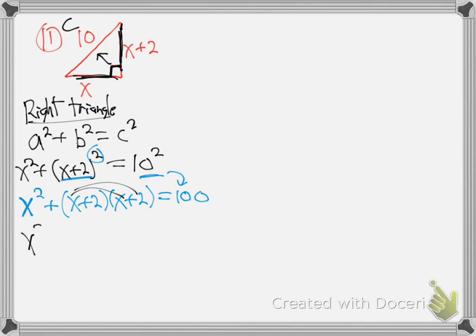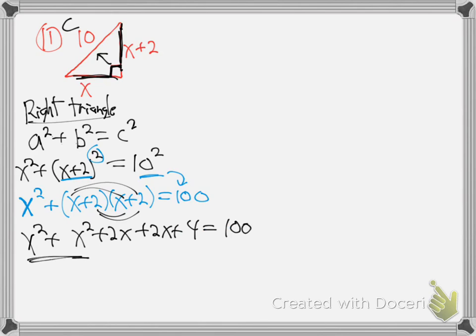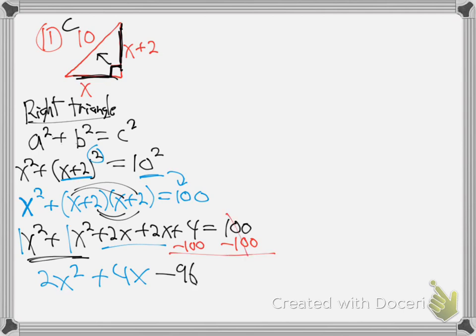This is x squared plus 2x plus 2x plus 4 is 100. Gather like terms, x squared and x squared. That's 2x squared. 2x and 2x is 4x. For this 100, remember we always want to get 0 on the right side, so let's subtract 100 right now. And so what do we get? Minus 96 equals 0.